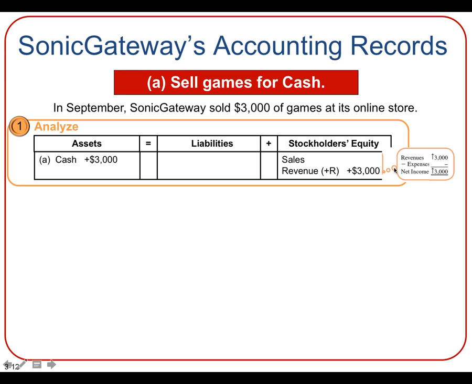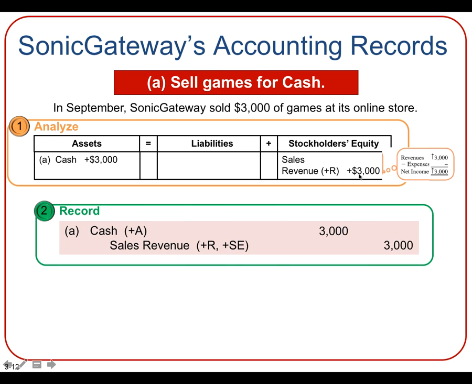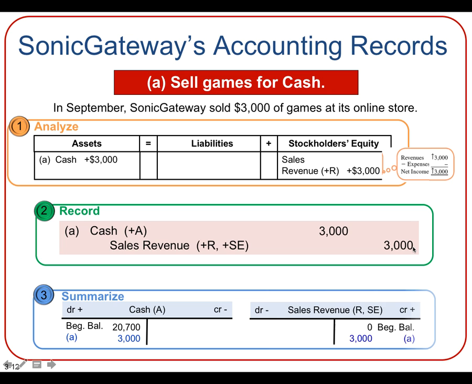Another effect is an increase to your equity, because you increase your revenue, you increase your retained earnings, you increase your equity. So the accounting journal entry would be, because it's a debit to assets, a debit to cash. And it's also an increase to equity, so it should be a credit to your sales revenue. And if you want to put it into the T-account, this is how the T-account looks.